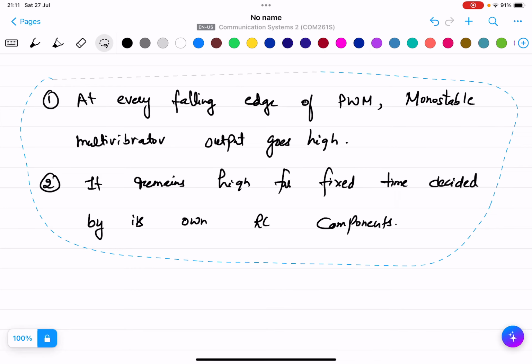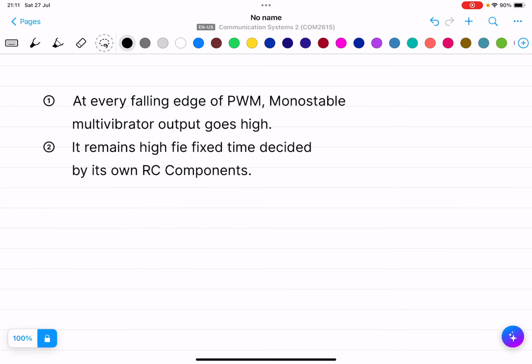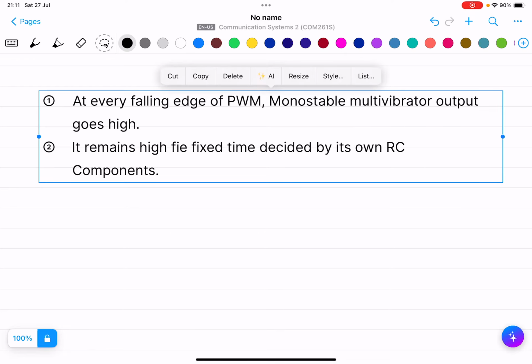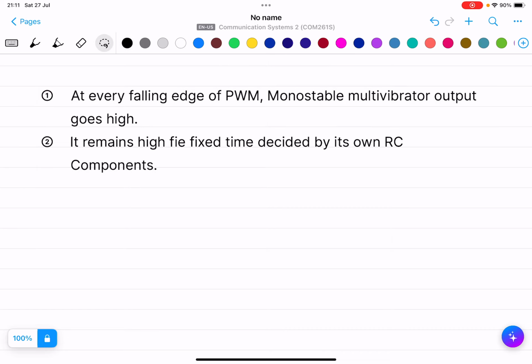I'll explain this now. It remains high for a fixed time decided by its own RC components.